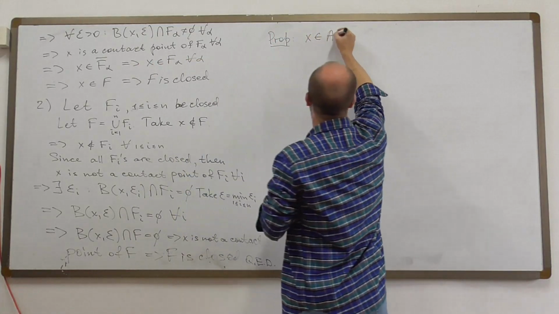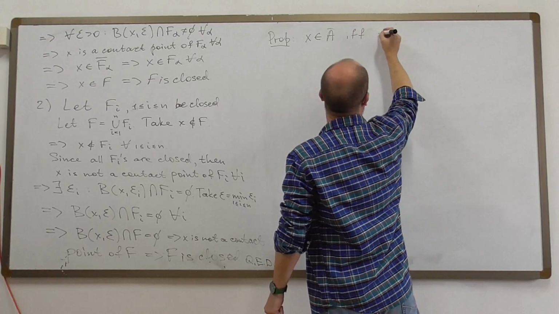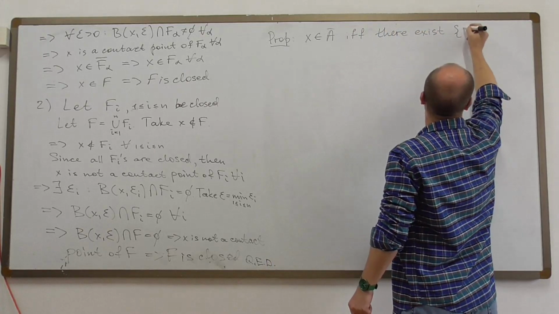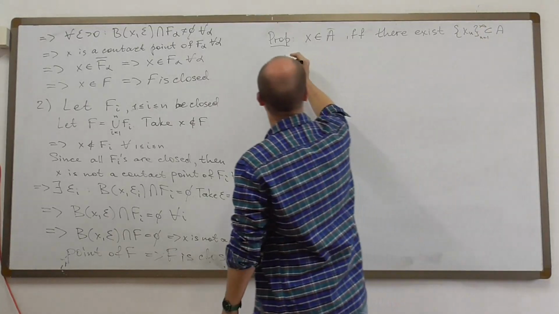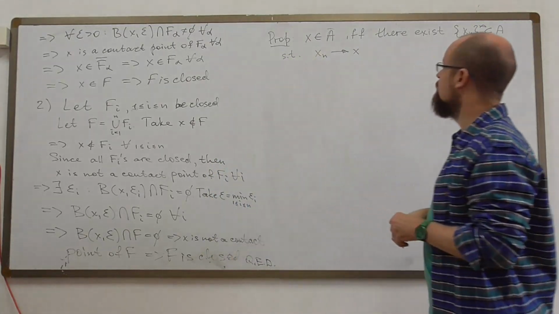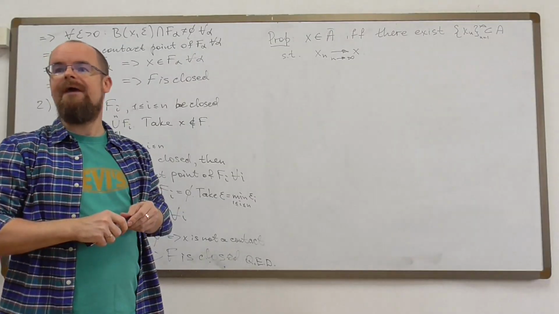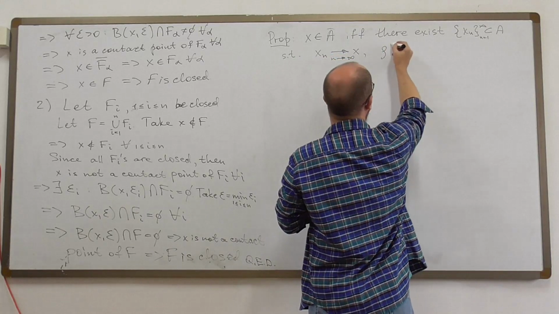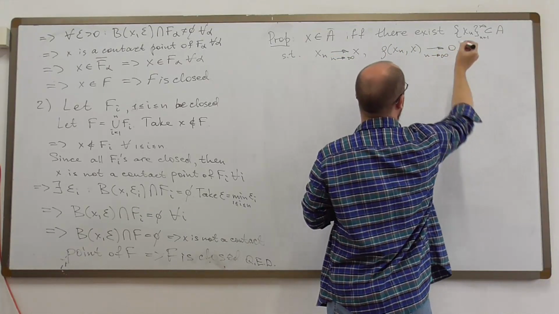A point X belongs to the closure of a set A if and only if there exists a sequence Xn of points from A such that this sequence converges to X. Of course, when I say that this sequence converges, I mean that the distance between Xn and X tends to 0 as n tends to infinity.